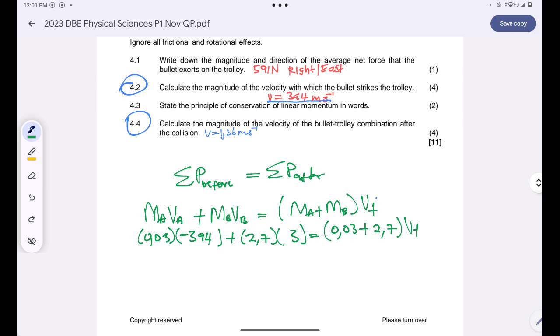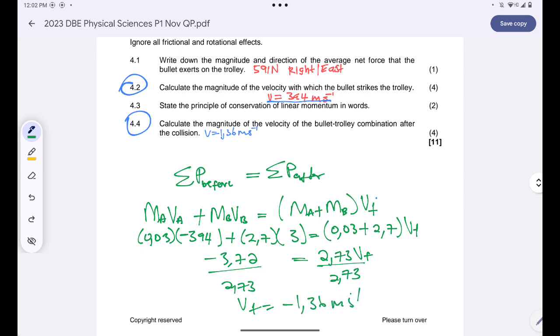This will give me 0.03 multiplied by negative 394 plus 2.7 multiplied by 3. This will give me negative 3.72, and then on the other side I'll have 2.73 VF. So I'll divide both sides by 2.73, and then my VF will be negative 1.36 meters per second, right?